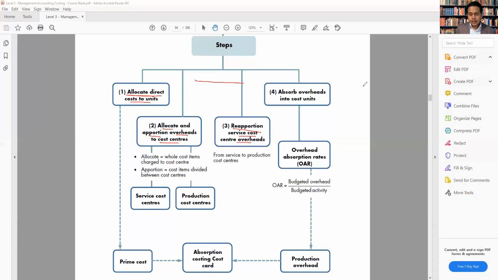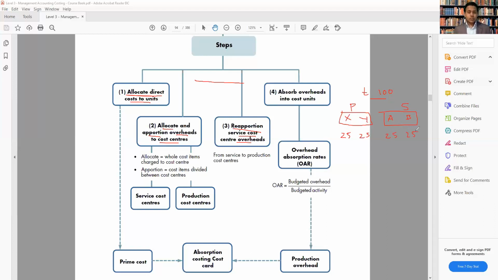For example, let's say the cost is £100. Now I have four departments, X, Y, A and B. X and Y are the production departments, and A and B are the service departments. All this cost of 100 goes equally to all these departments: 25 for X, 25 for Y, 25 for A, and 25 for B. Total is 100.